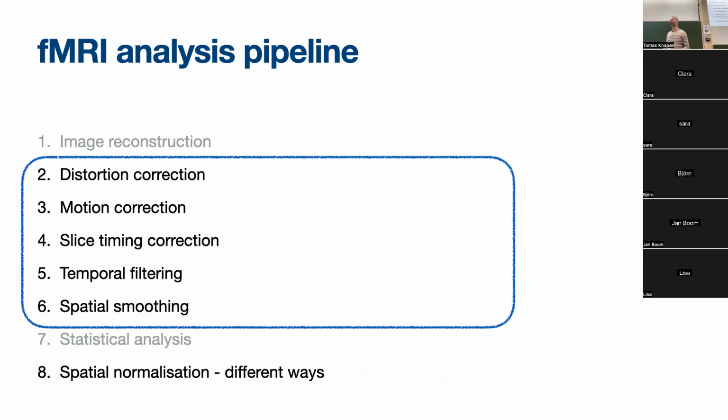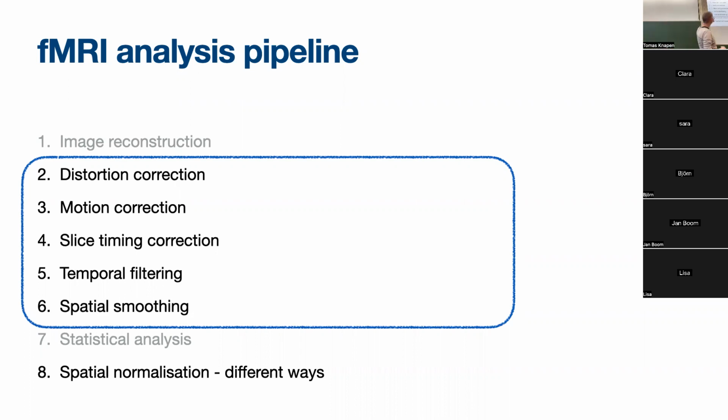So what I'm going to talk about today is pre-processing. That is the different stages that your data have to be pulled through in order for you to actually understand what's up with those. We've talked about spatial normalization, which is the comparison across subjects, day before yesterday, so that's not part of this lecture.